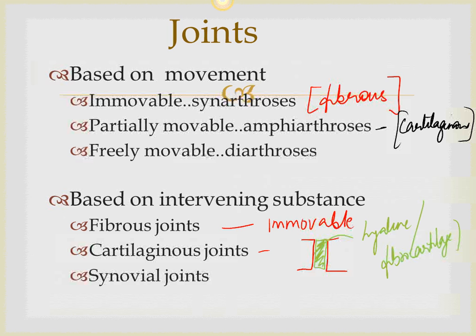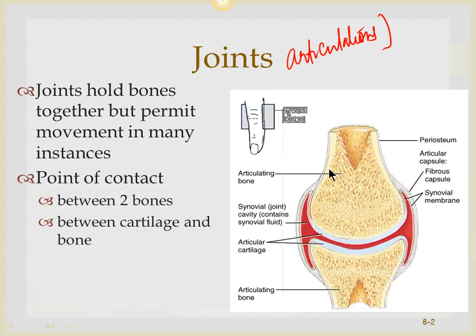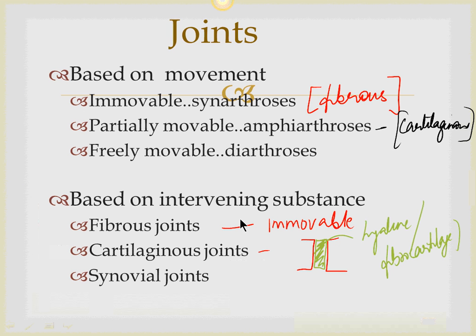The third type of joint is synovial joint. And this previous picture here is a good example. This is a synovial joint where you have this synovial membrane which lines the joint cavity and it produces synovial fluid. So synovial joints produce synovial fluid.